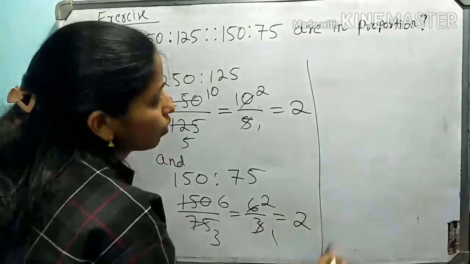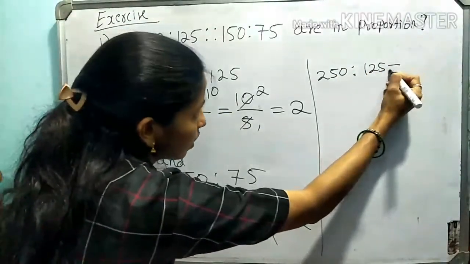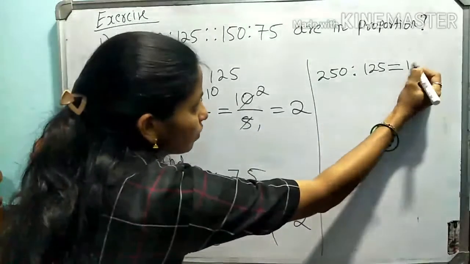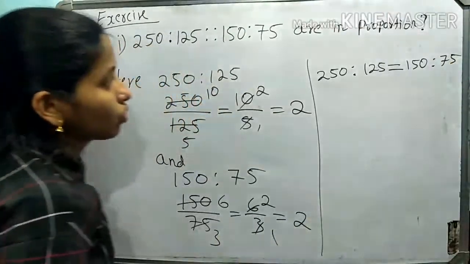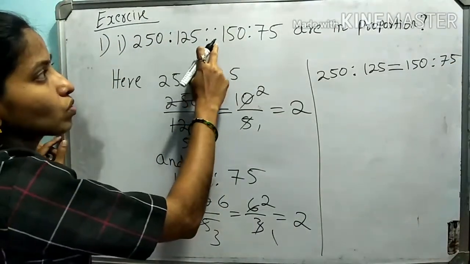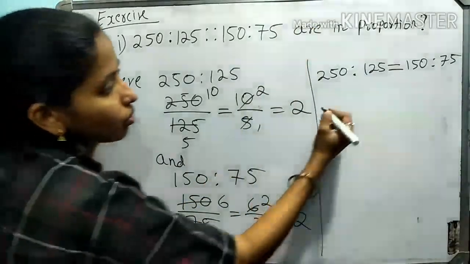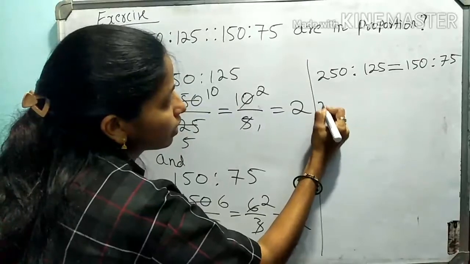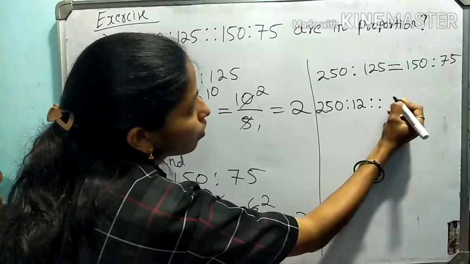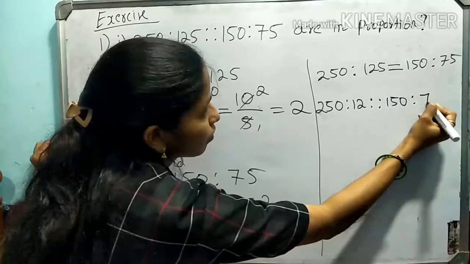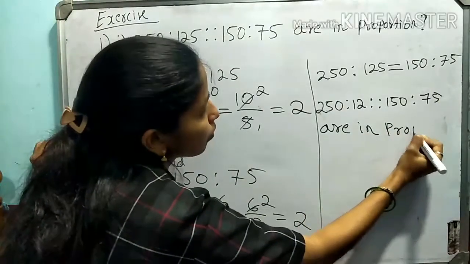So 250:125 is equal to 150:75. So 250:125 and 150:75 are in proportion.